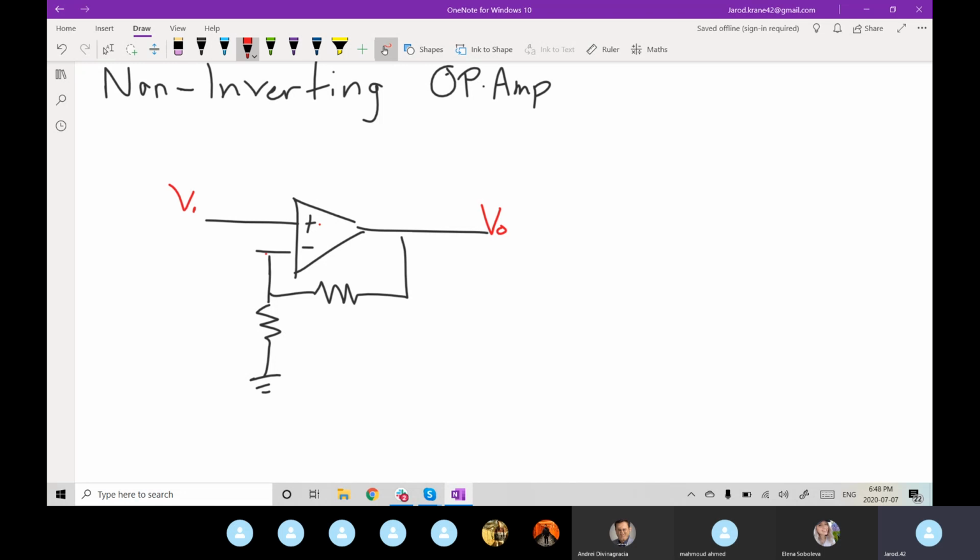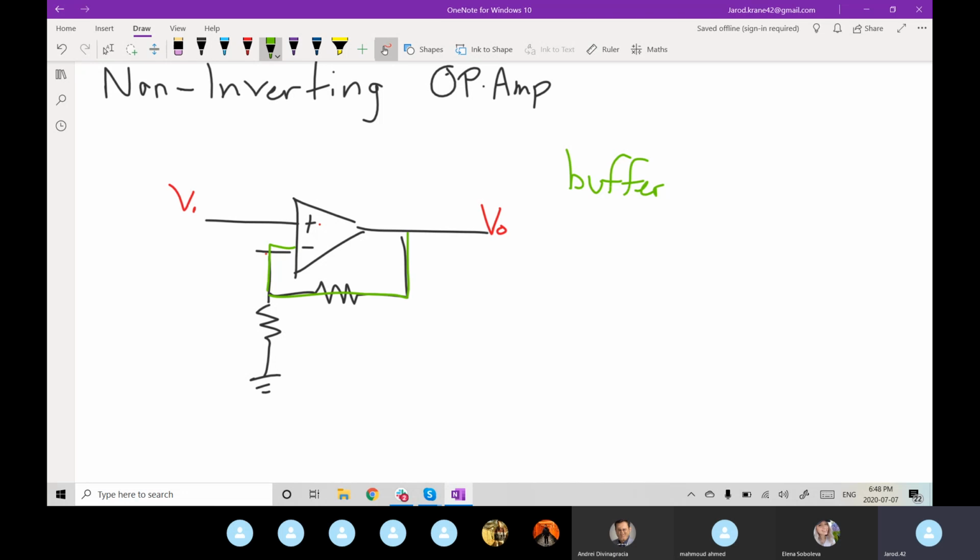We can make this even easier if we were to get rid of the resistors. Like I went through, we have just a direct feedback line from output to input. When you do this, this is more known as a buffer.